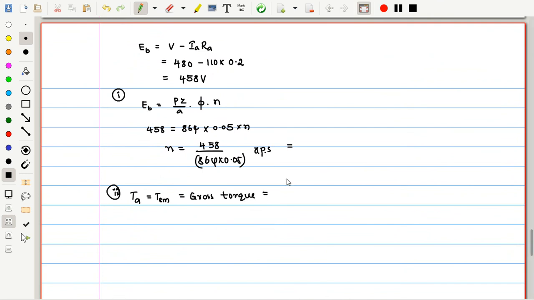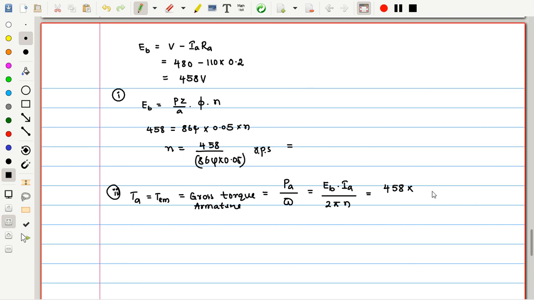We said that this torque is equal to power divided by angular speed, or torque into angular speed is power. Which power? Armature power, since I need the gross torque developed by the armature. How much is the armature power? Armature voltage is EB, armature current is IA, that is the power, divided by 2 pi n, or 2 pi N by 60 with capital N. EB is 458, which we already calculated.